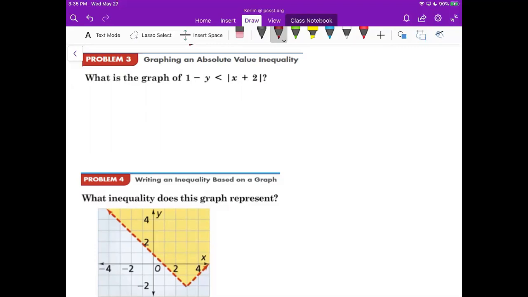So who's going to help me on this one? How am I going to write those 2 inequalities? Or do I need those 2 inequalities to do this one? What do you think?